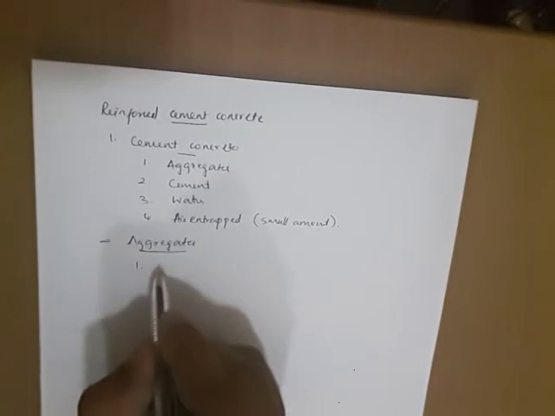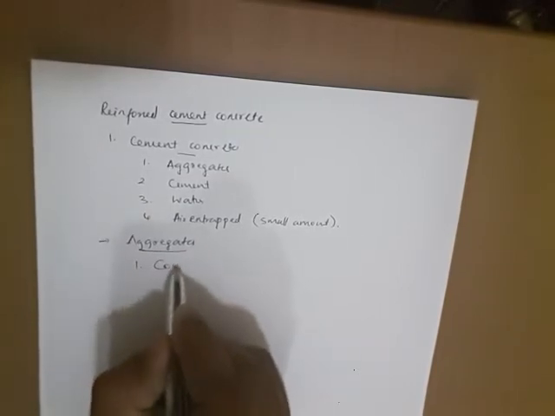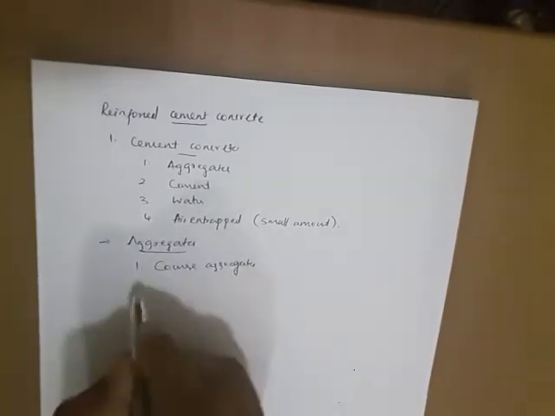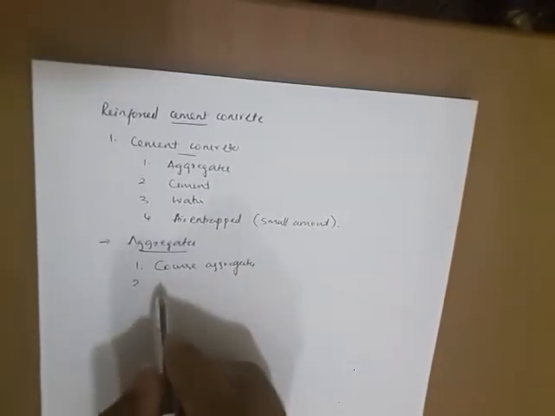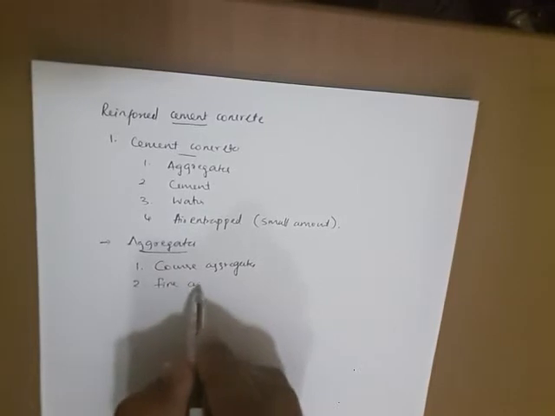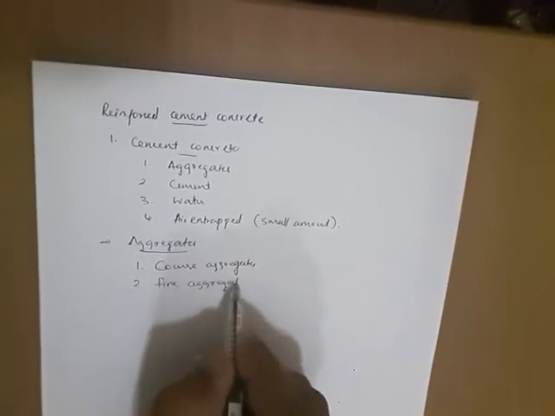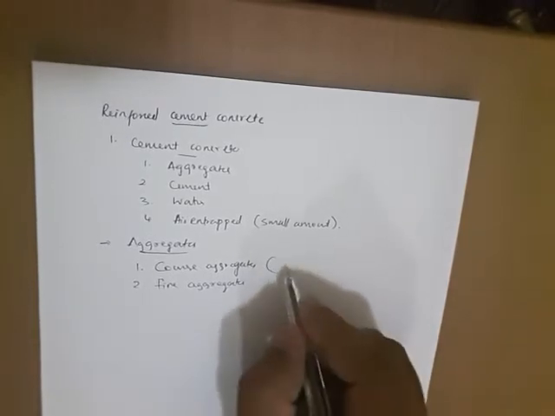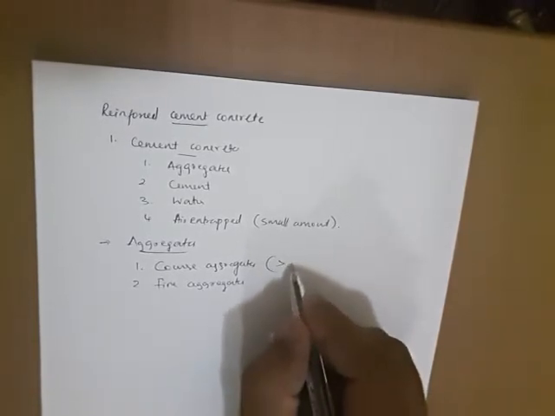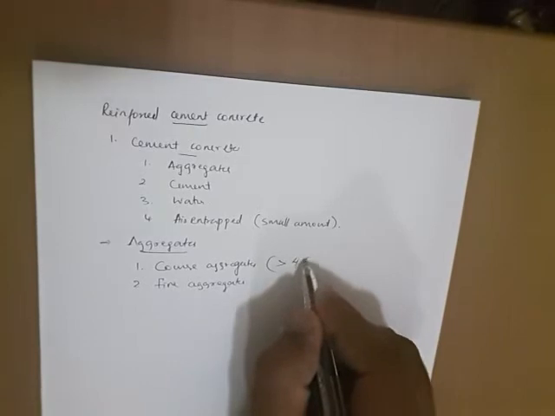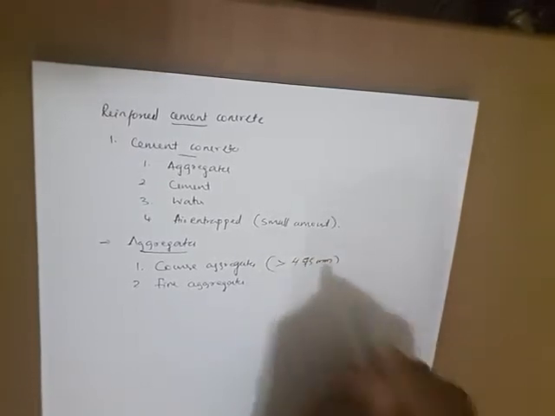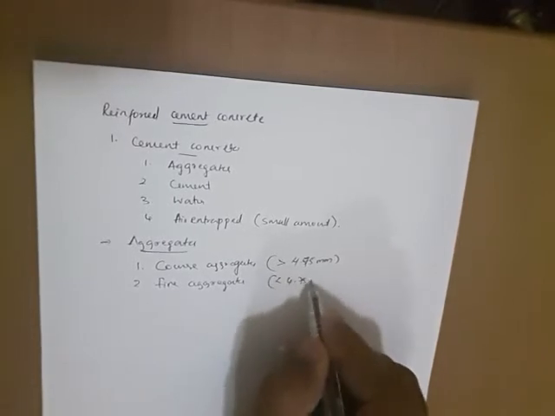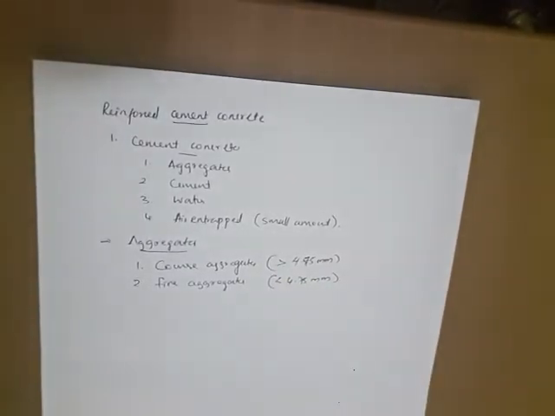First one is coarse aggregate. Second one is fine aggregate. Coarse aggregate will be greater than 4.75 mm size. Fine aggregate will be less than 4.75 mm size.